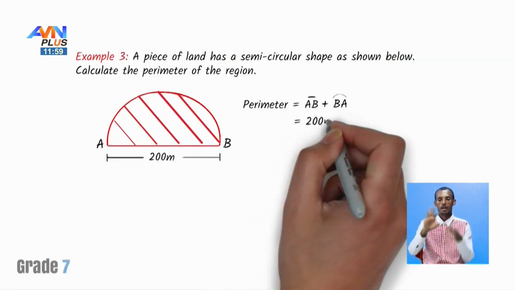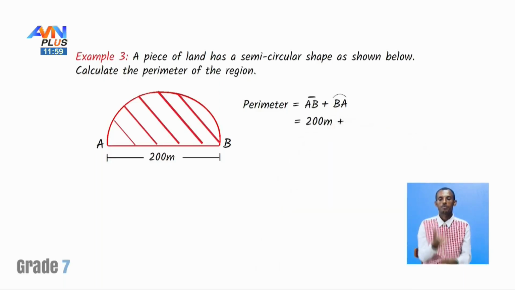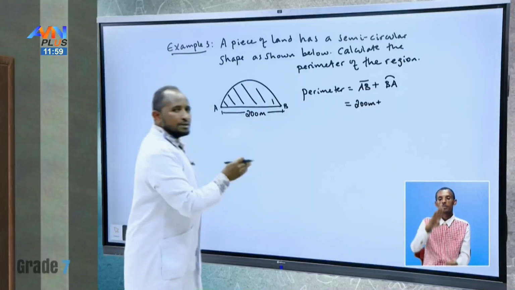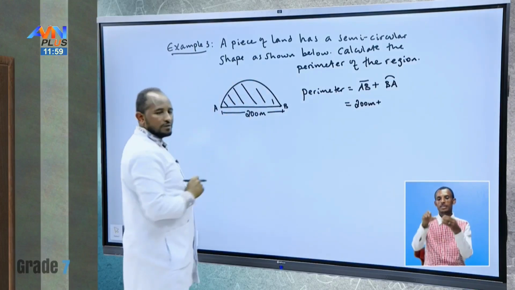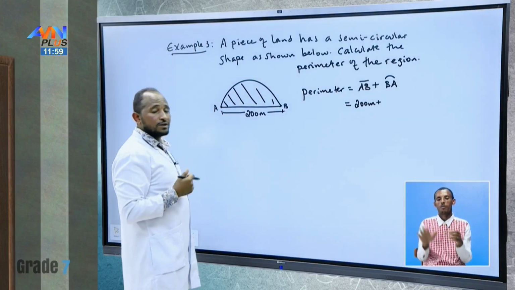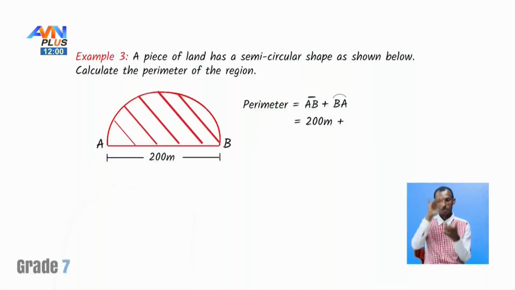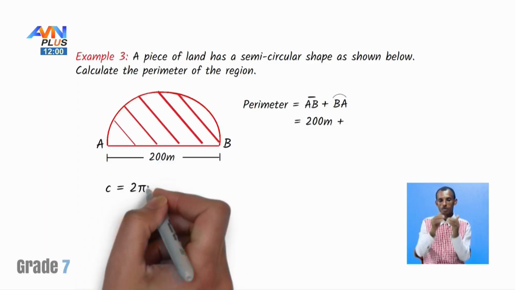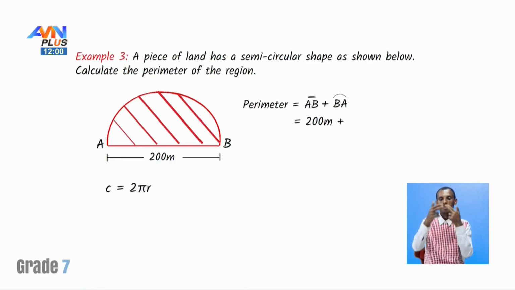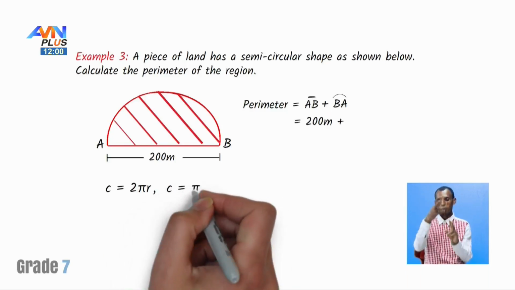So 200 meter plus BA, this BA is the circumference of half of a circle. So you know that the circumference of a full circle is 2 pi times radius, or pi times diameter.